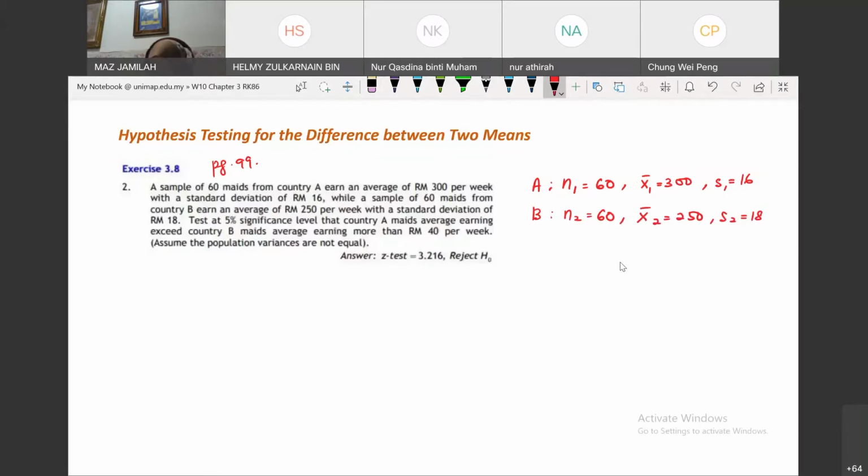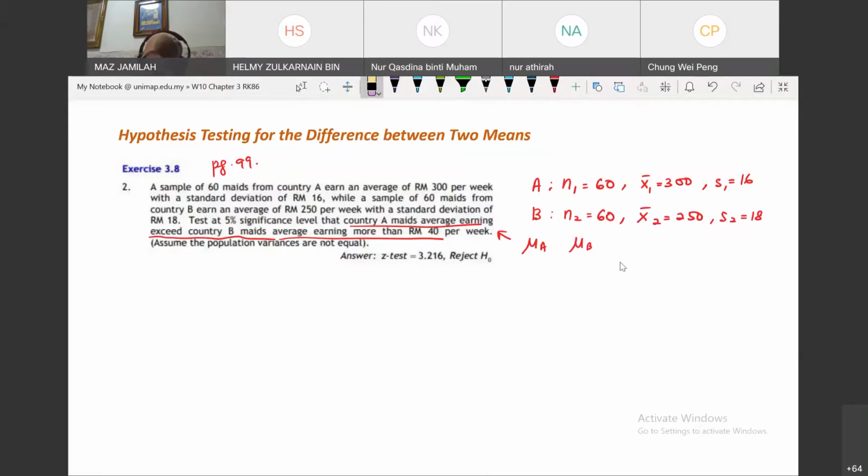Now test at the 5% significance level whether country A males' average earning exceeds country B by more than 40 RM per week. So you need to test whether mu A exceeds mu B by 40.